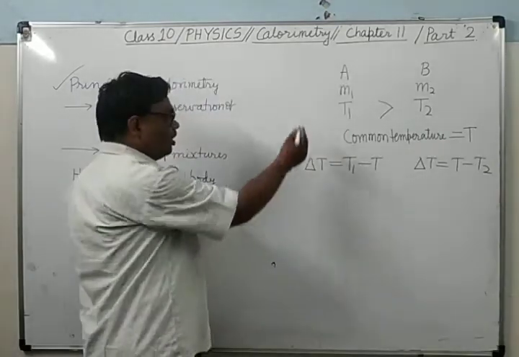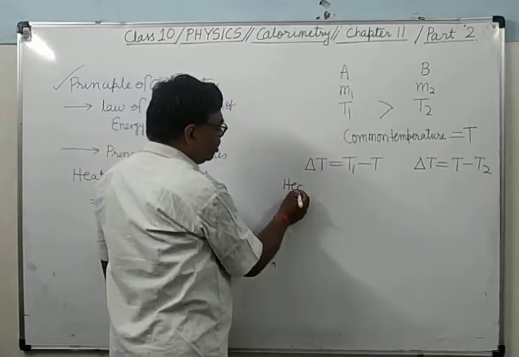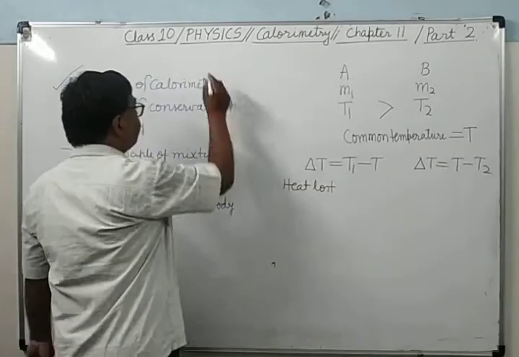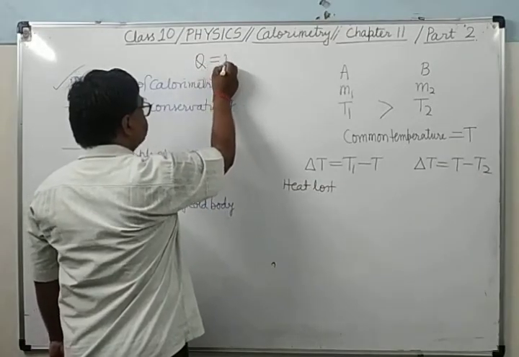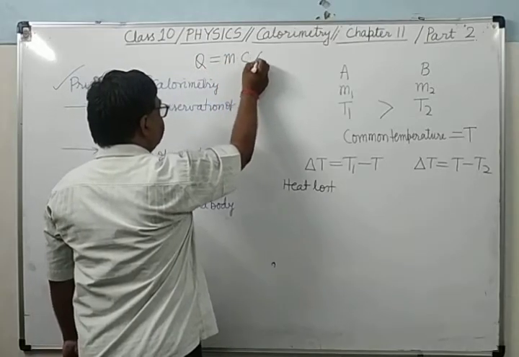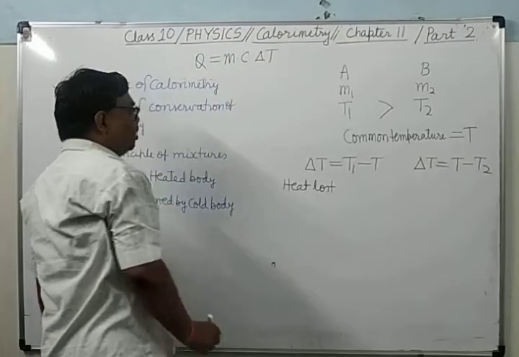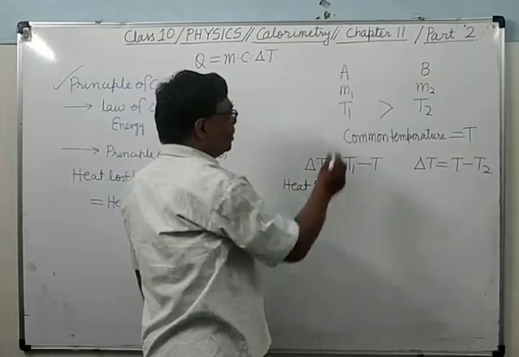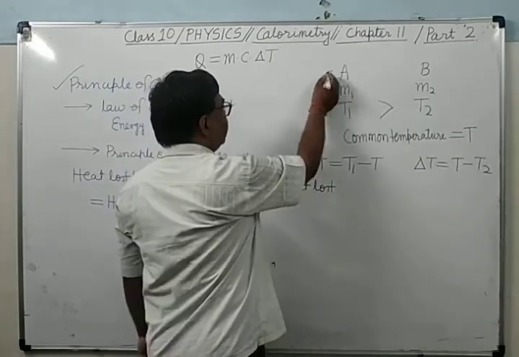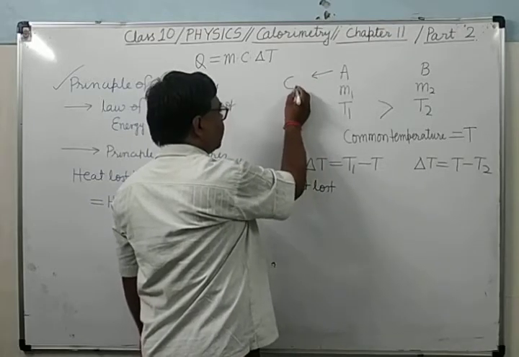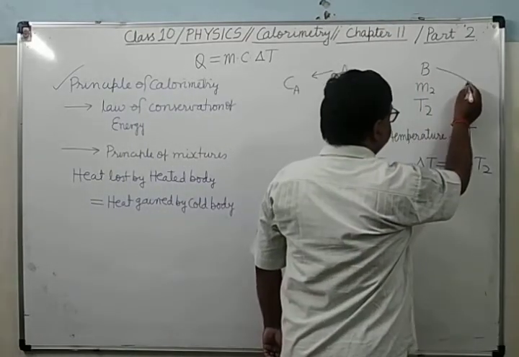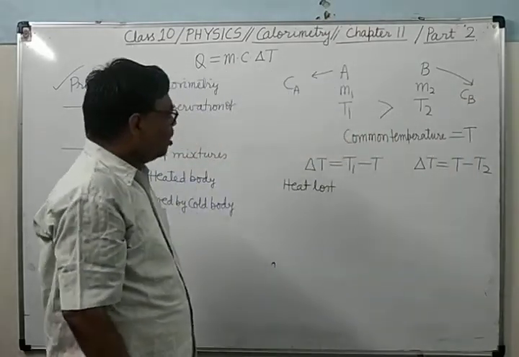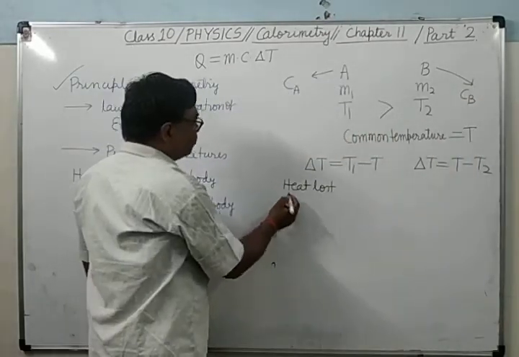So what is the heat lost? As we know, what is the formula? Q equals M into C into delta T. Here we have assumed that its SHC is Ca and its SHC is Cb. Heat lost: what is mass?